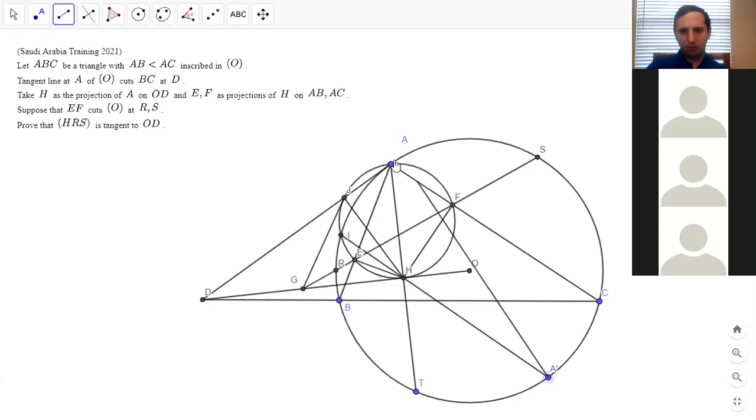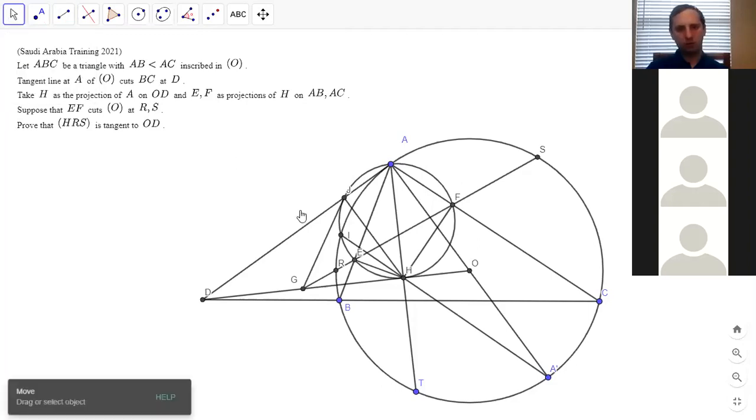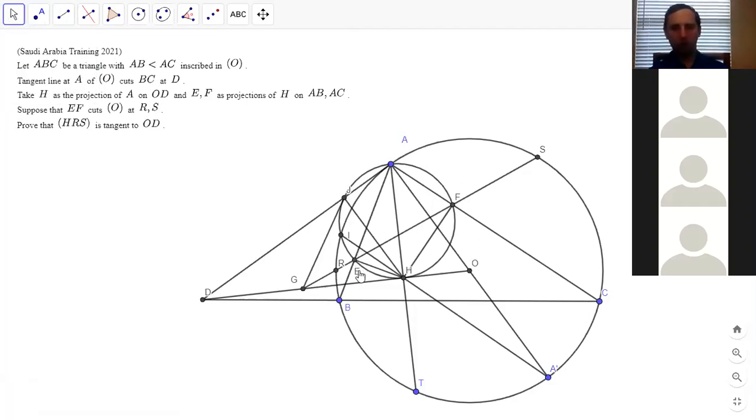So the thing is that we need J, I, H, and A to be a harmonic quadrilateral, right? You're saying we would want that to show that G, I, and A are collinear, right? Yeah. HJ is perpendicular to AJ, right? Yes. And AJ is perpendicular to AO.